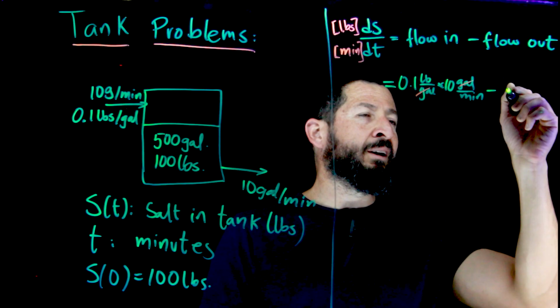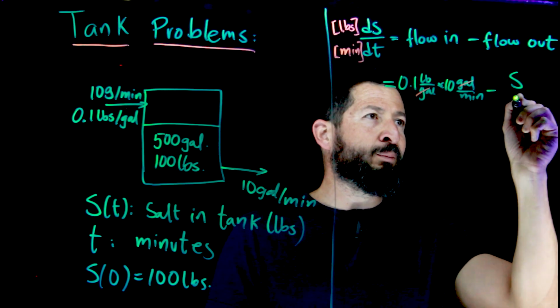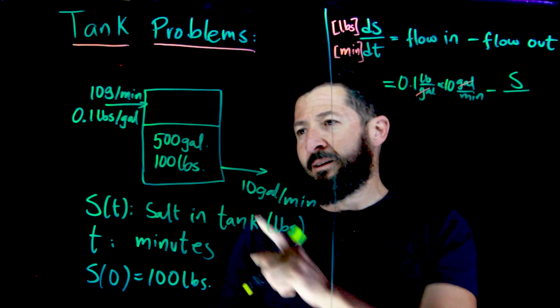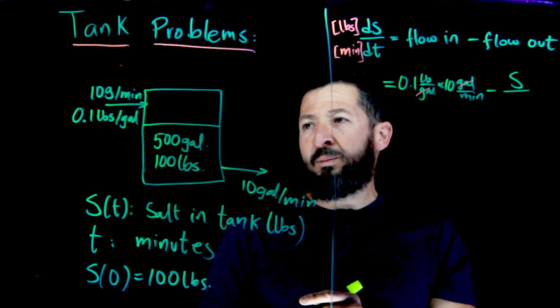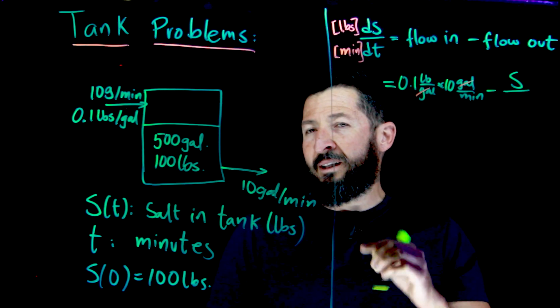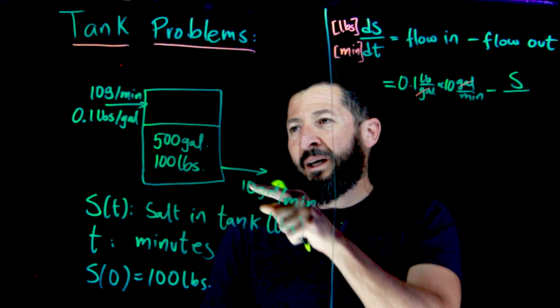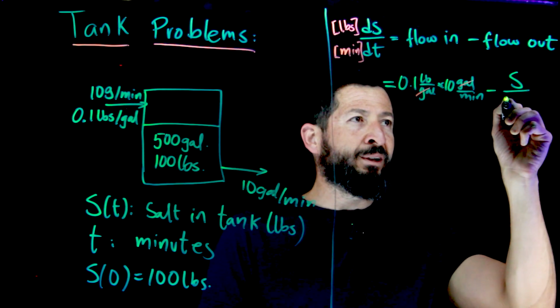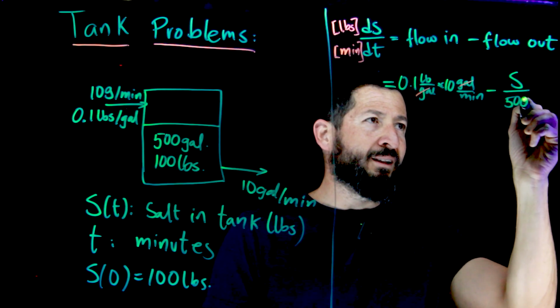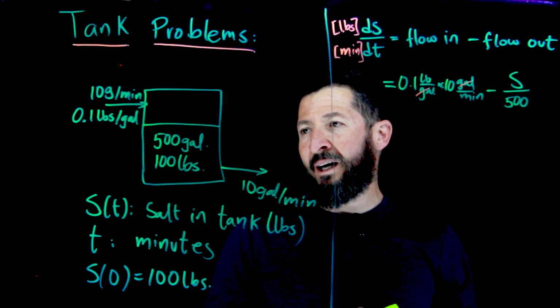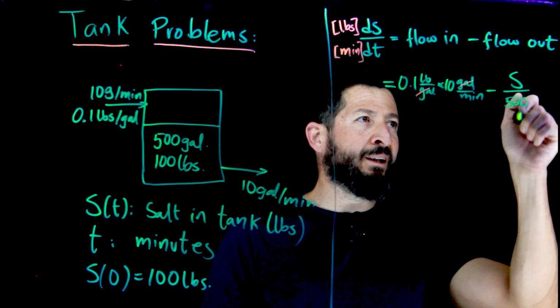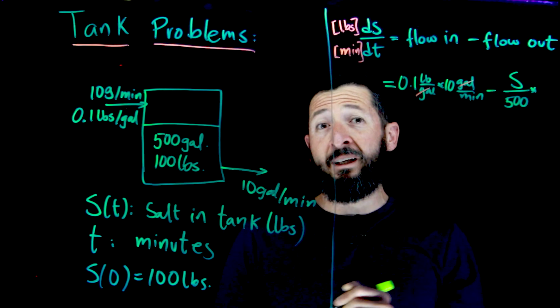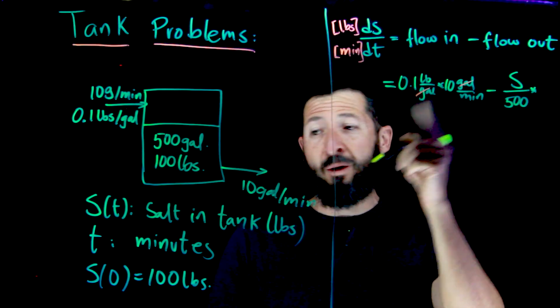So now there are S pounds of salt in the tank, but I'm not getting all the 100 coming out. They're diluted in 500 gallons of liquid. So this is pound per gallon.